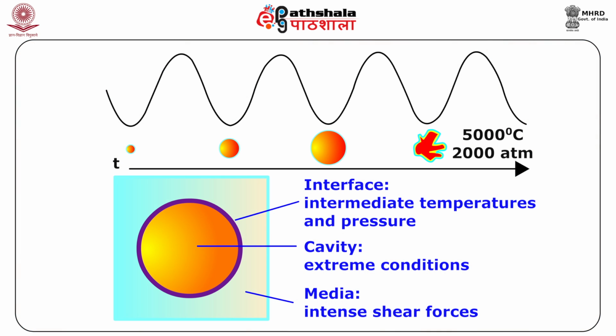It is a well established fact that these hotspots have temperatures of above 5000 degrees Celsius, pressure at around 1000 atmospheres, and heating and cooling rates above 10^10 Kelvin per second.